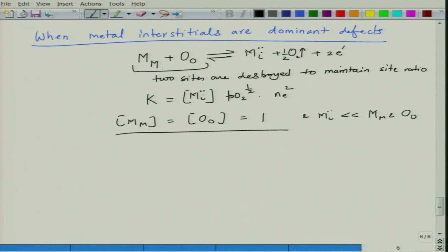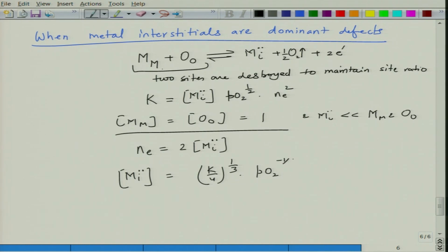And what is the electrical neutrality condition? That says that Ne is equal to 2 Mi. You are creating 2 electrons for every metal interstitial. Now you can do the maths yourself. If you do this substitution, you will have Mi being equal to K divided by 4 to the power 1 by 3 into PO to the power minus 1 by 6, and this is equal to Ne divided by 2.